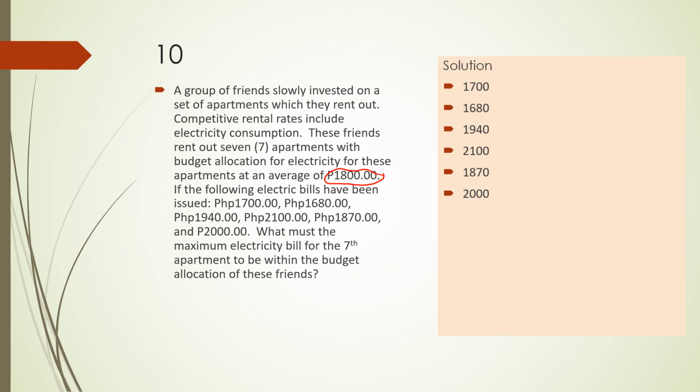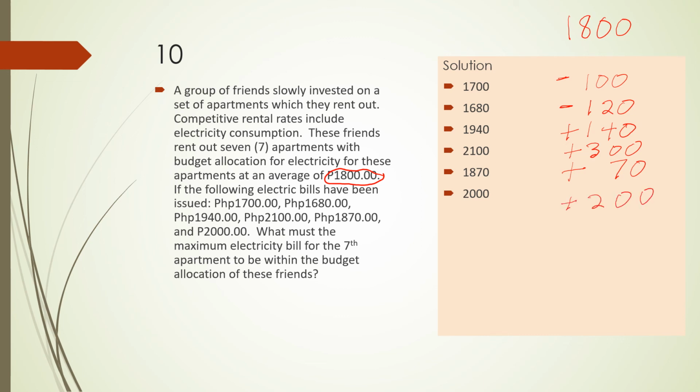So in here again, what's our reference value? 1,800. So the drill will be, this is a minus 100, this is a minus 120, this is plus 140, this is plus 300, this is plus 70, and this one is plus 200.